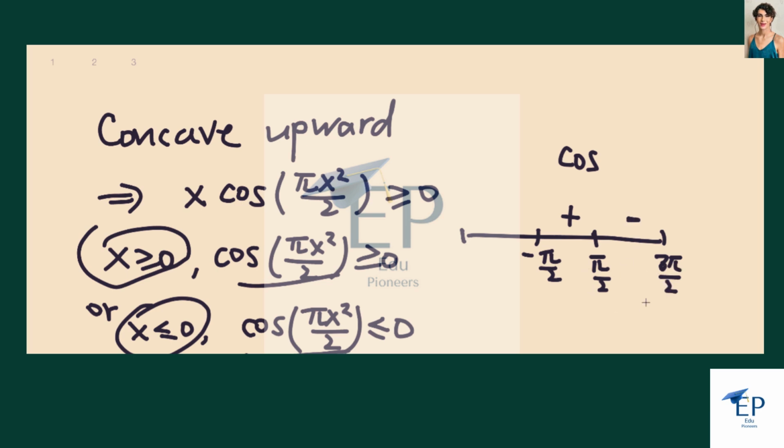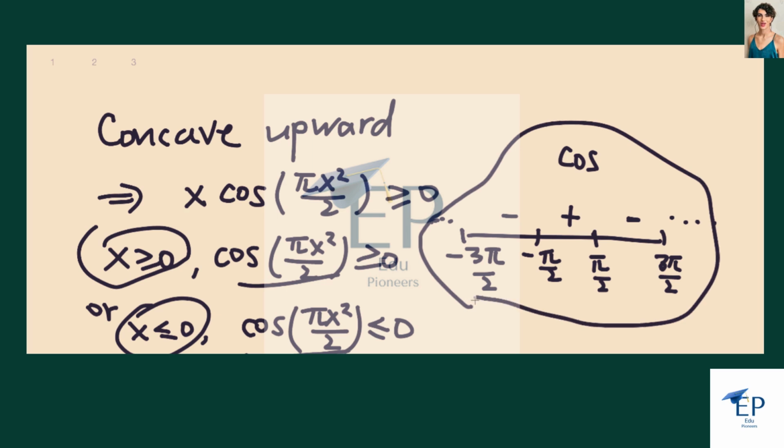This part will be negative, and this part will be negative 3 pi over 2, etc. It keeps alternating sign for each pi. So you use this graph and figure out when pi x squared over 2 is in each interval. I'll leave the detail to you. It's quite messy, but that's the idea.